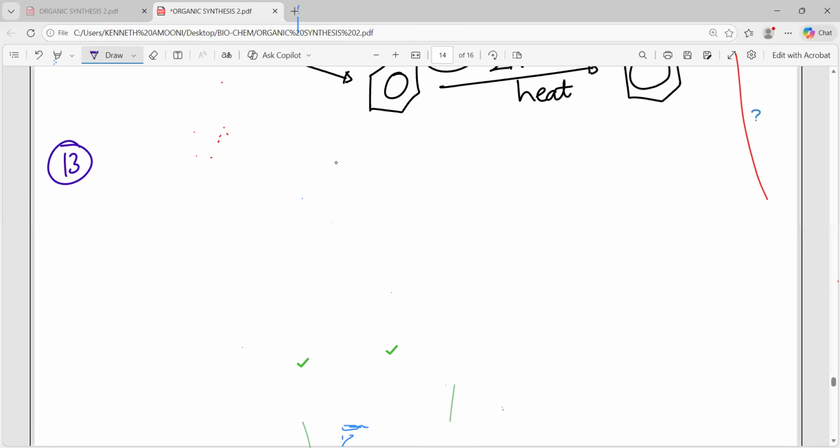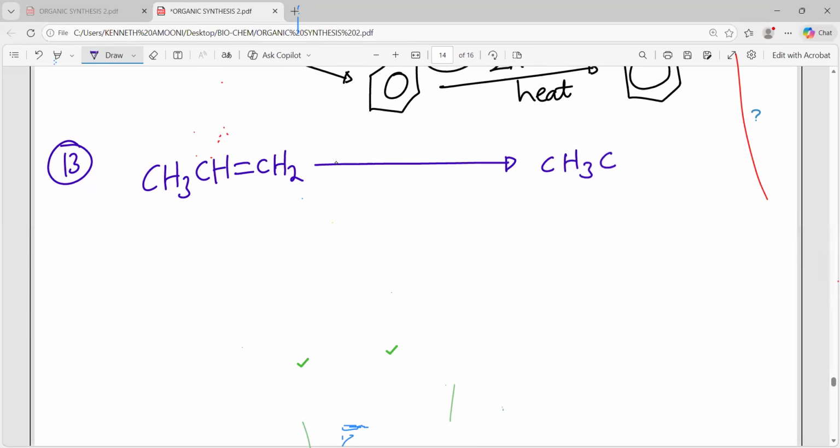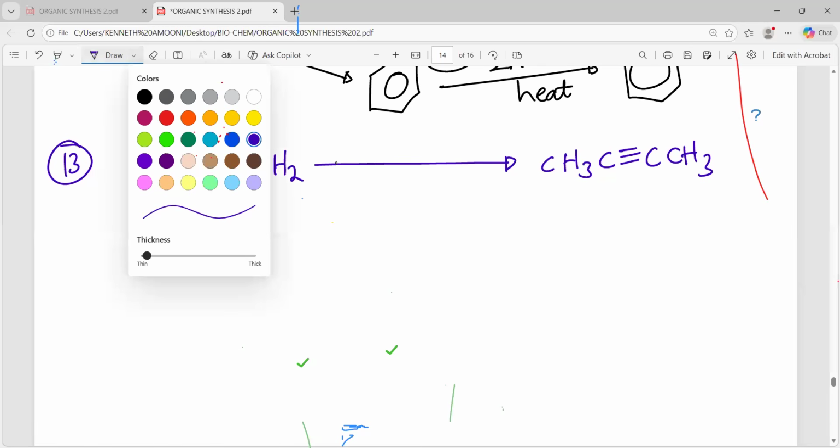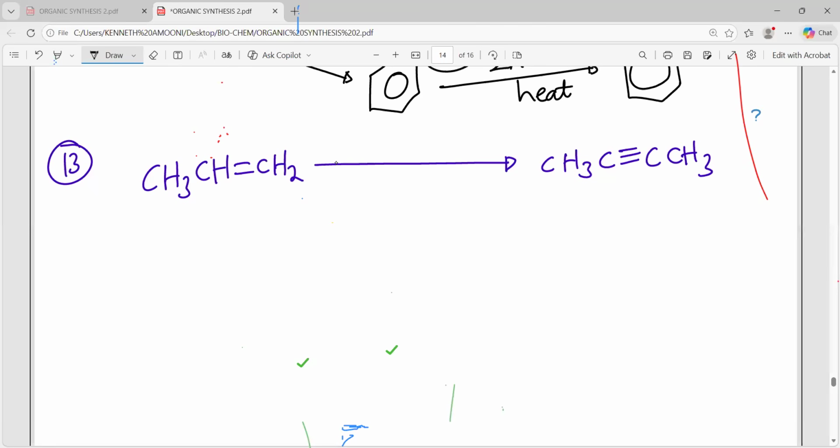Number 13 here is saying we are moving from this compound CH3CH=CH2 straight up to this compound CH3C≡CCH3. When you look at those compounds, immediately you're going to see that there is an increase in the number of carbon atoms by 1.